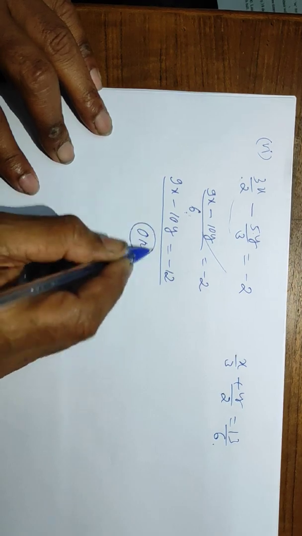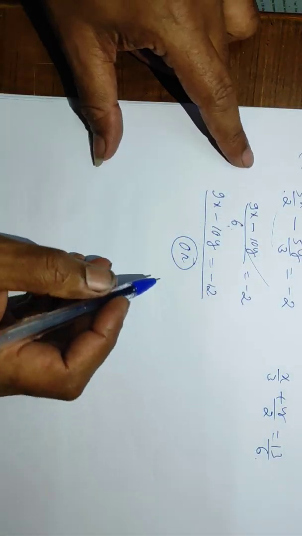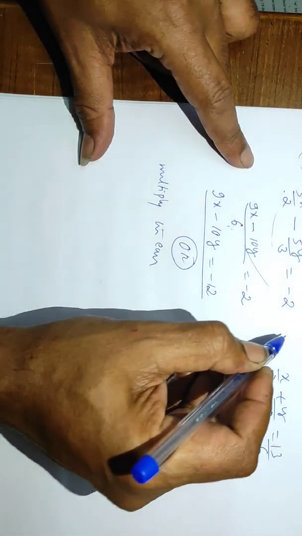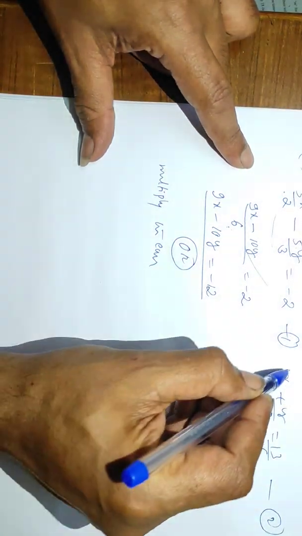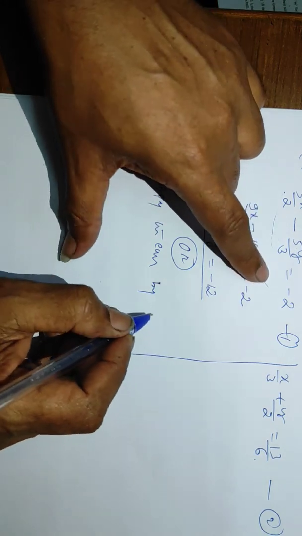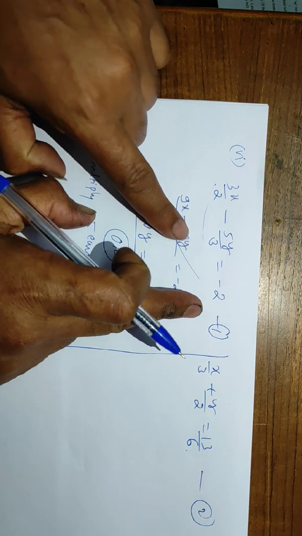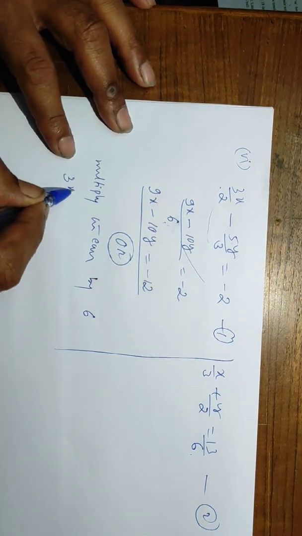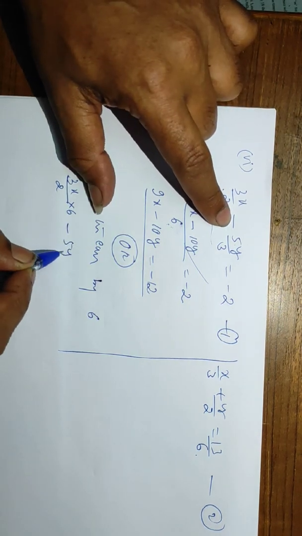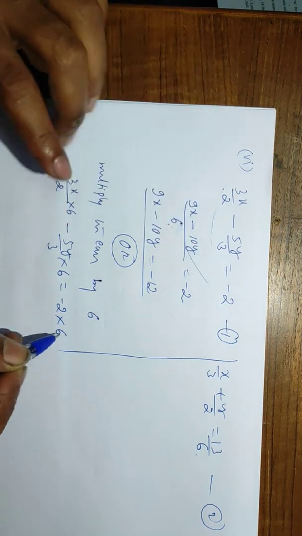Or you can multiply the whole equation. Multiply equation 1, I call this one as 2, by the LCM. How much is the LCM? 6. I have to multiply each and every term by 6. 3x by 2 into 6 minus 5y by 3 into 6 equals minus 2 into 6.